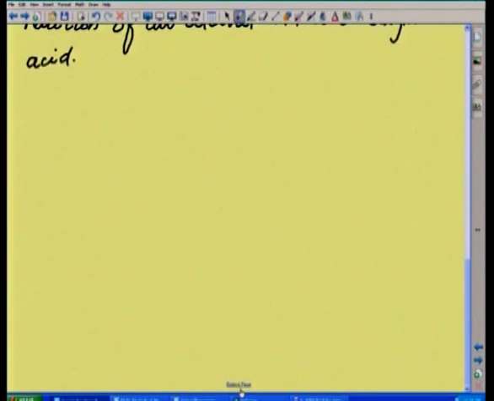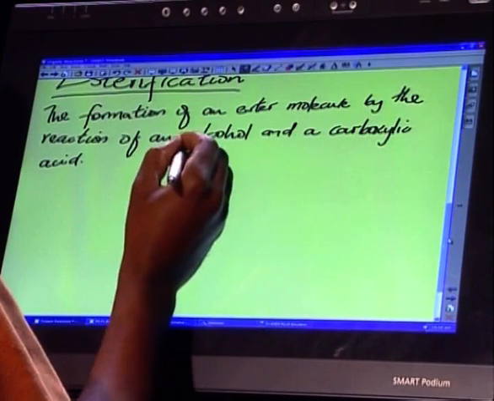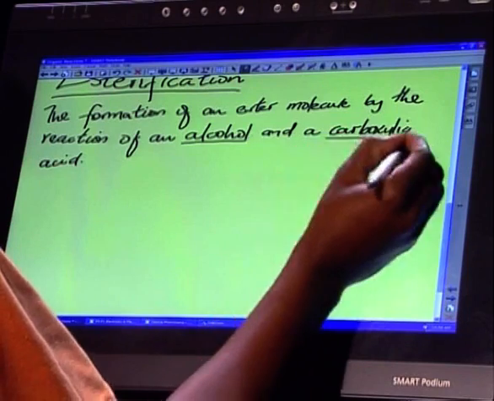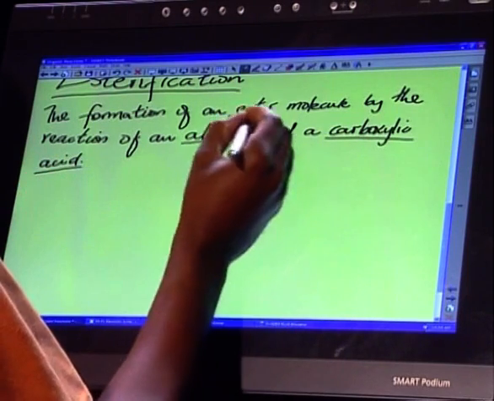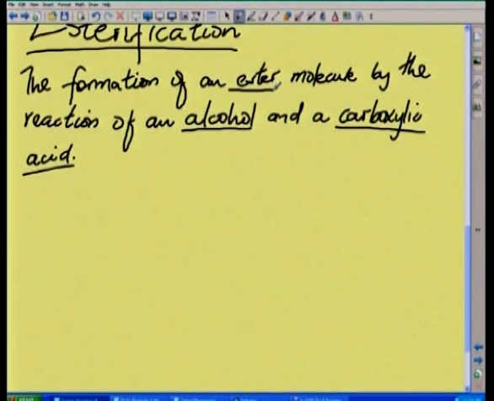Okay, that is esterification. We are having the reaction between an alcohol and a carboxylic acid, and what is formed is an ester. Let's have a look at an example.